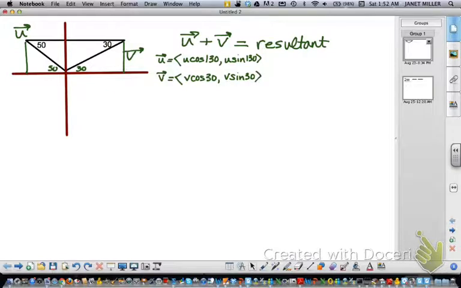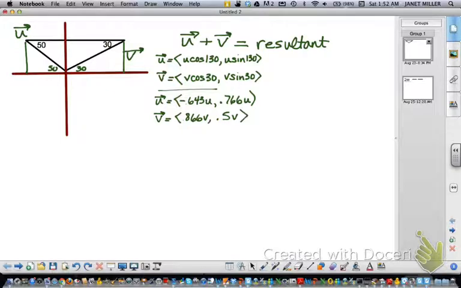If I put these on a calculator, I end up with vector u being negative 0.643u for the x component and 0.766u for the y component. Vector v will be 0.866v and 0.5v.